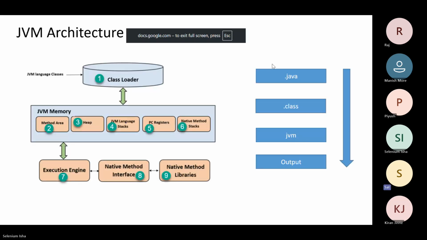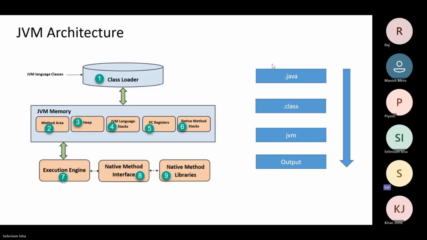Now, I talked about JDK, JRE, and inside that there's a JVM, correct? And JVM, as I said, is a Java virtual machine. You create your Java program, and when you compile it, it becomes a class. I'll talk about class, object, everything today if we have time, or maybe on Monday.